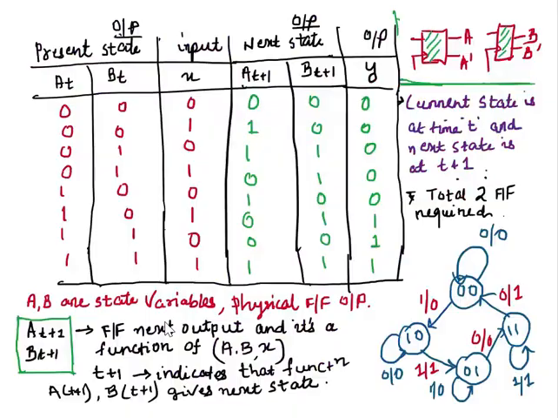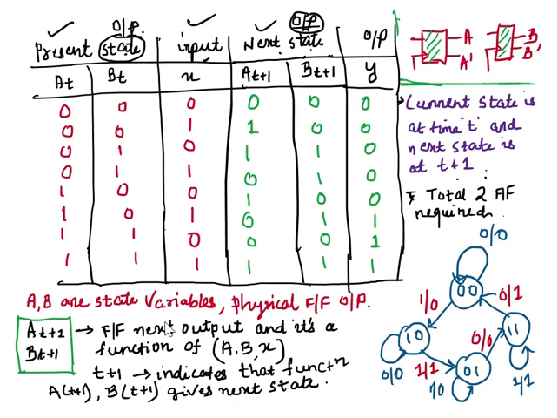Let's analyze this one. This is a state table. This is the present state, this is my input, and state here means the output of a flip-flop. Always remember, state means the output of a flip-flop, input is coming from the external world, and next state means again the output of a flip-flop.